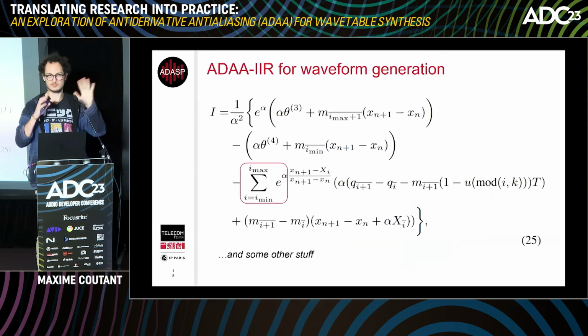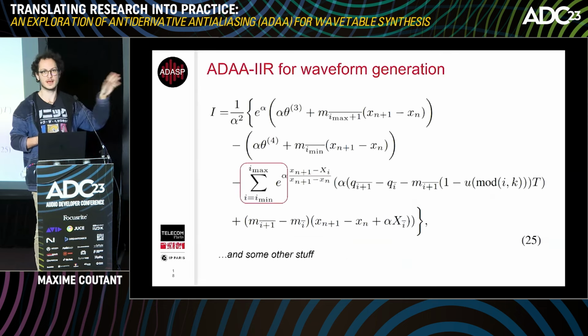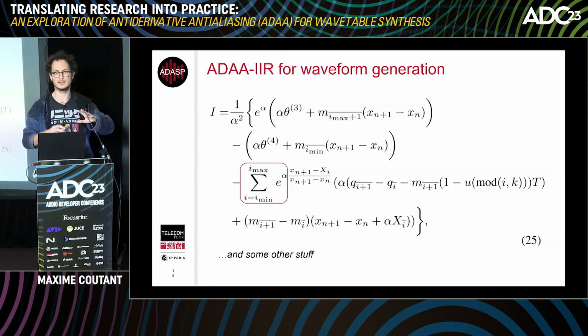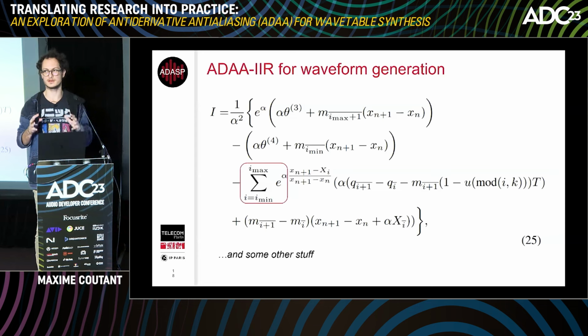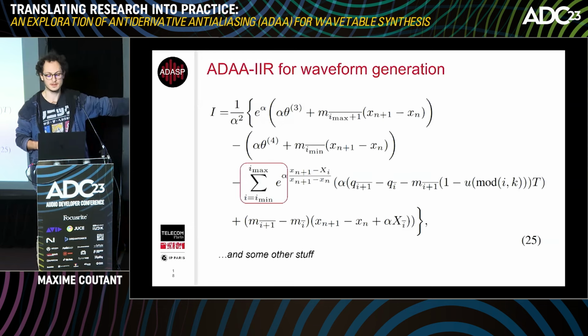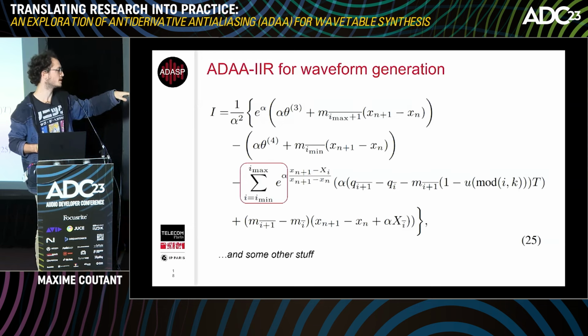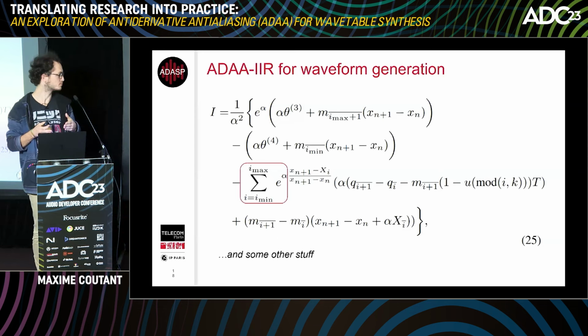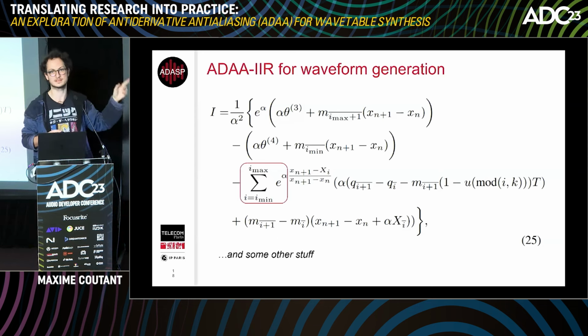And then big scary stuff. Okay, you don't have to understand this thing, simply notice it's called I, and this is the biggest part of the algorithm. And this has to be computed for every point you have to produce. The big thing to note, what I tried to circle in red, is we got a sum going from Imin to Imax. Remember, all the points between two samples you had to produce, and inside it has a complex exponential.